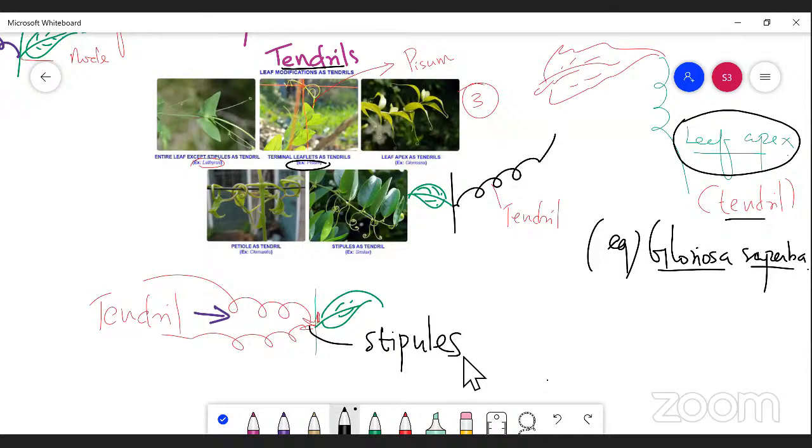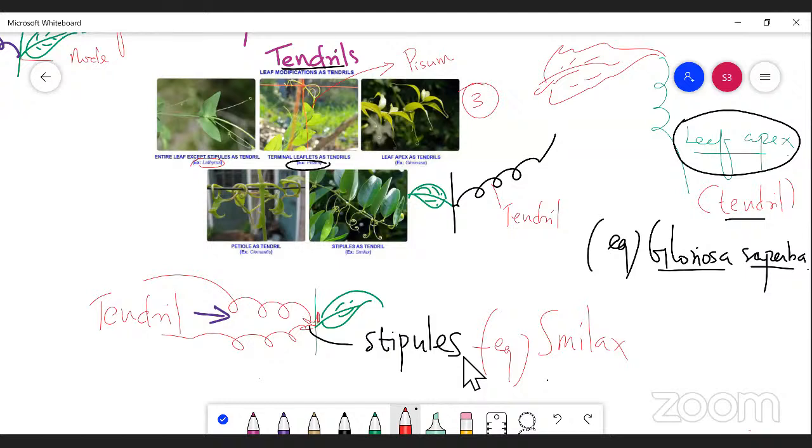For that I am going to give an example, Smilax. Smilax is an example of stipules modified into coil-like structures, that is a tendril.